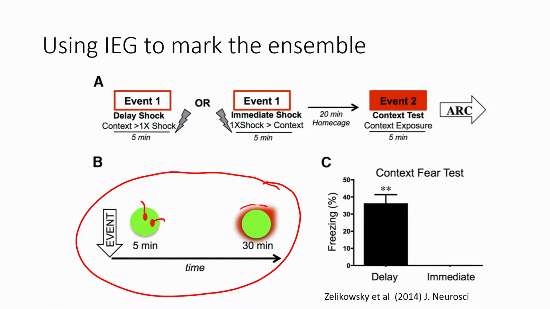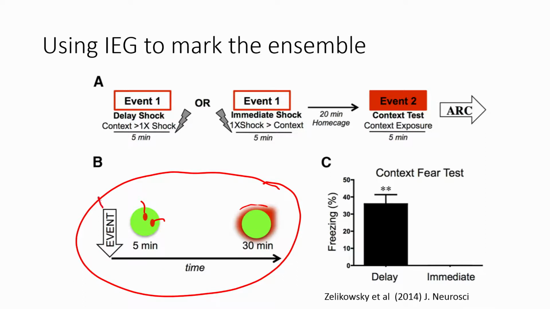So, by characterizing a given neuron to say that these red structures are present outside of the nucleus or inside of the nucleus, you can say whether a given neuron is actually encoding event 1 or event 2, because if this neuron were to encode something, it had to encode something that had happened 30 minutes earlier.